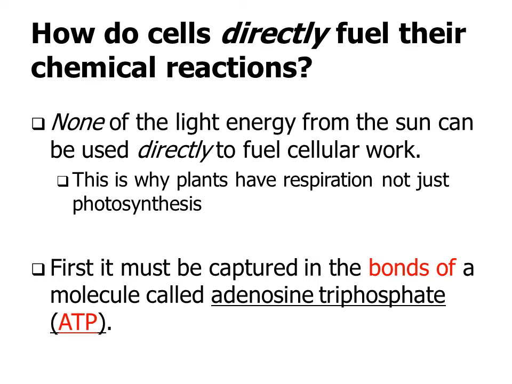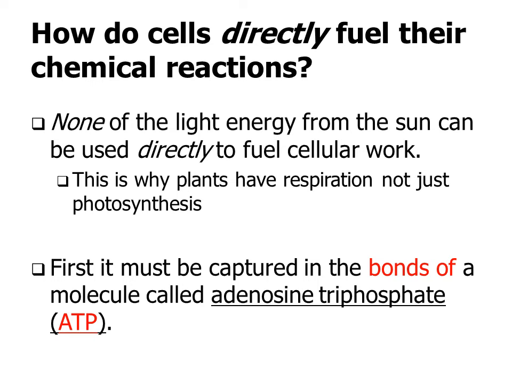So how do cells directly fuel their chemical reactions? Light energy from the sun is not directly used to fuel cellular work. It's used to make food, and then that food is used in respiration to make ATP for cellular work.